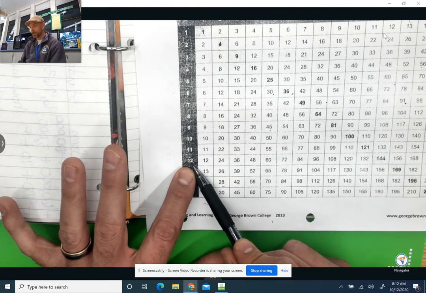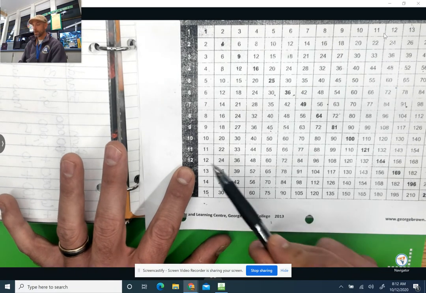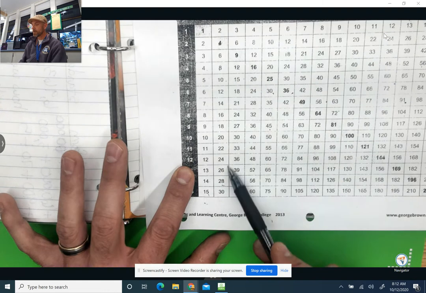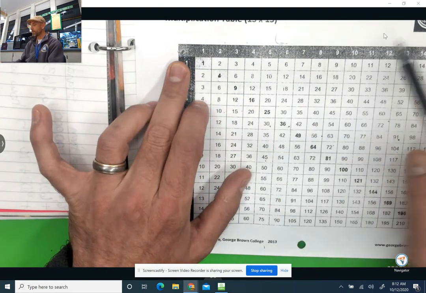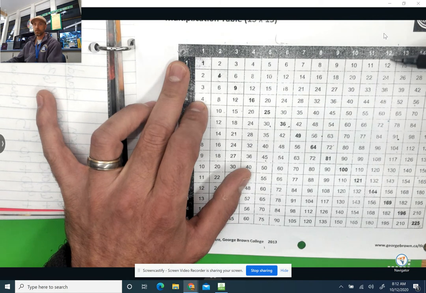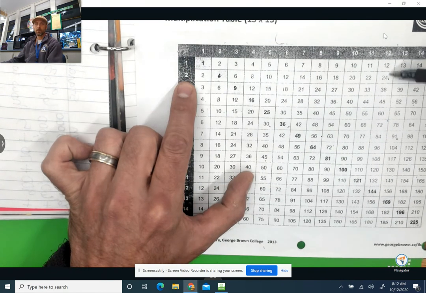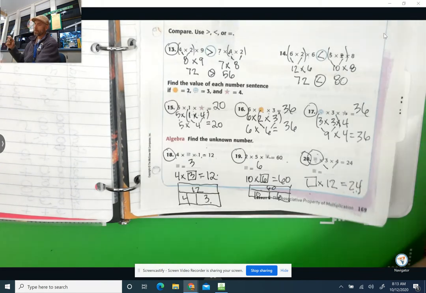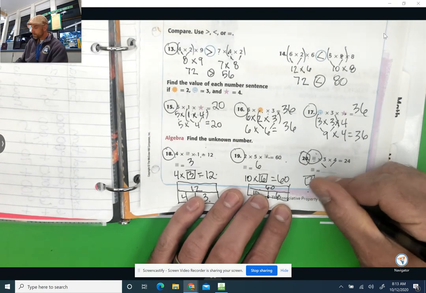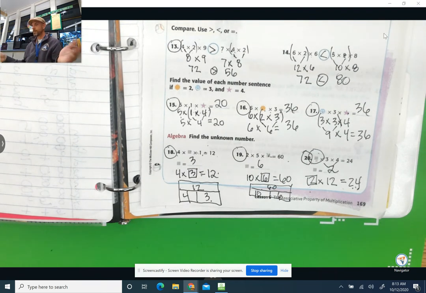Go along until you find the multiple 24. 12 times 2 is 24. You can also find 12 across the top, and you can find the multiple going down too. 12, boom, 24. 12 times 2 is 24. Your missing factor is 2.